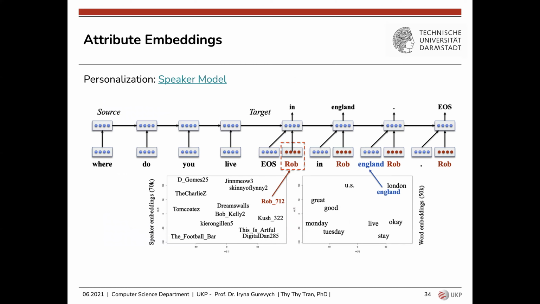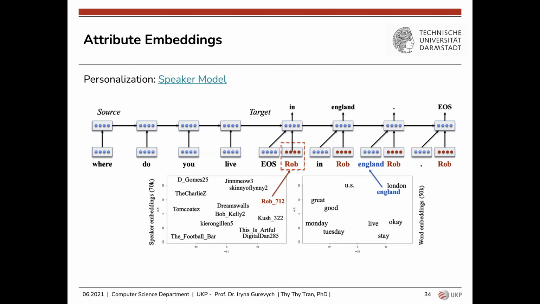So here is another example of personalized conversations. The speaker model is proposed to encode persona in dense vectors that capture the speaker's characteristics, such as background information and speaking style. The speaker embeddings are used in concatenation with the input of the decoder.